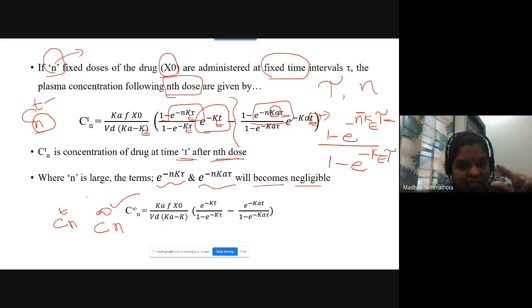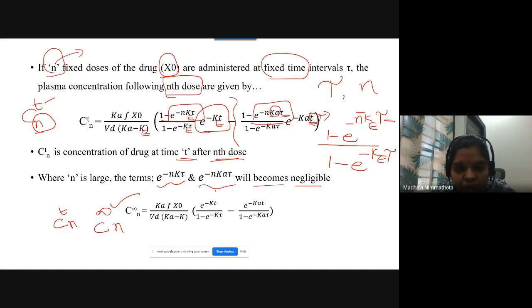If n is larger, it means here you are going to calculate your nth fixed dose at infinity time. So that's why you are taking here infinity, C infinity n. So here you are going to neglect these two terms.